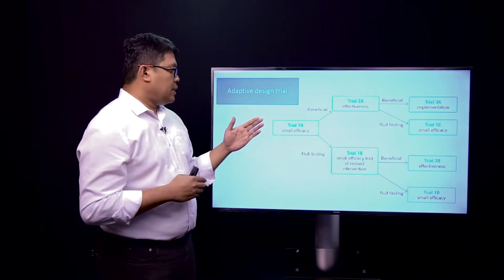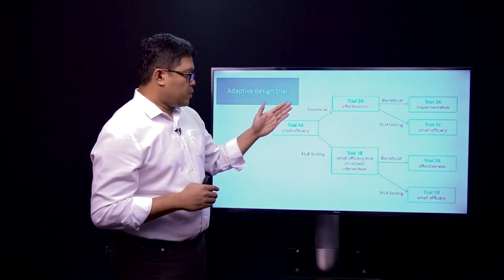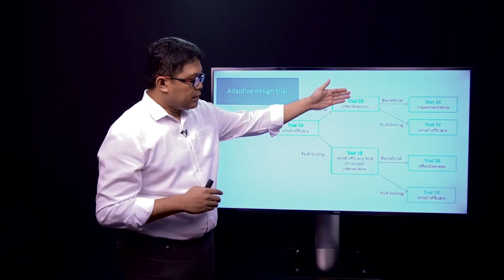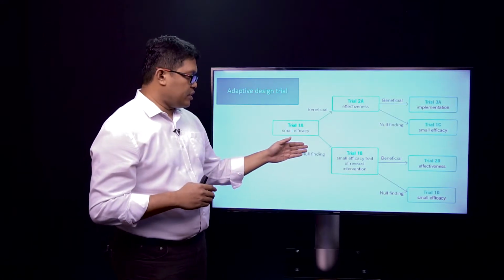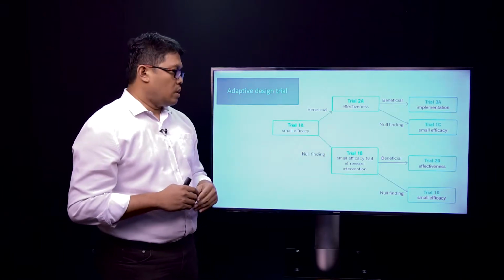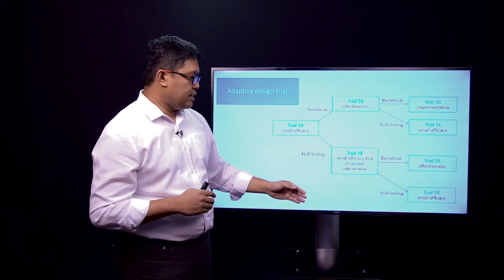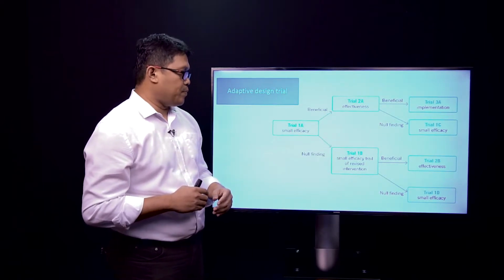For example, if there is a beneficial response of the participants, it can go to trial 2, and here if there is no response from the participants, it can go to trial 1B, which is an additional intervention in this participant group.